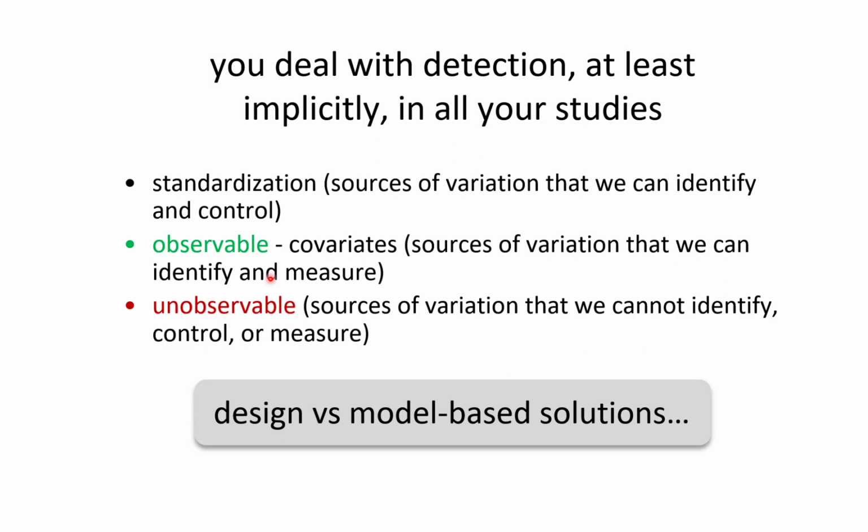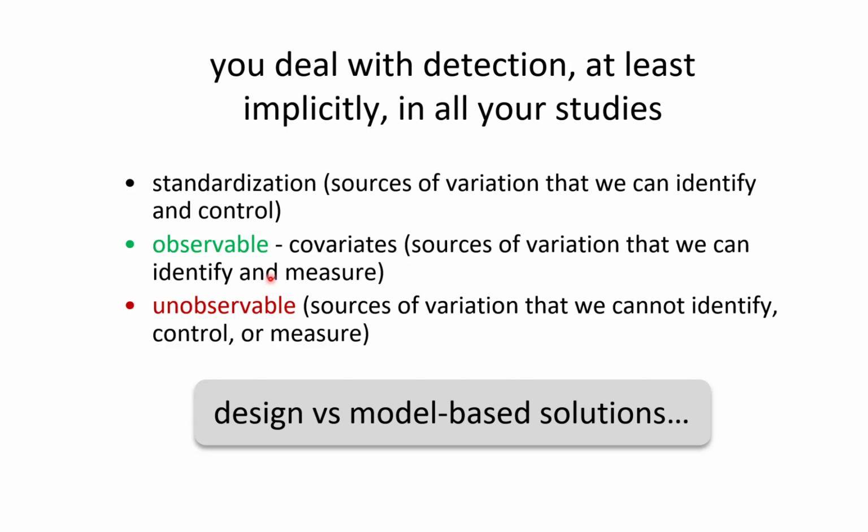So a classic example would be if the body size of an animal determines to some degree its probability of being encountered, then if you had body size measurements for your individuals as an individual covariate, you could use those as covariates to account for some of the heterogeneity. There's all sorts of different ways that this could be done.